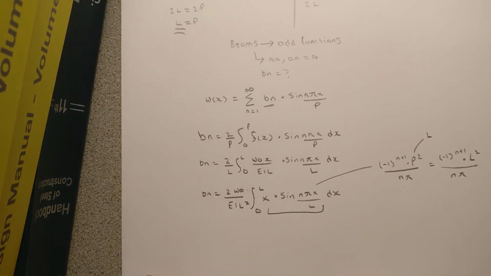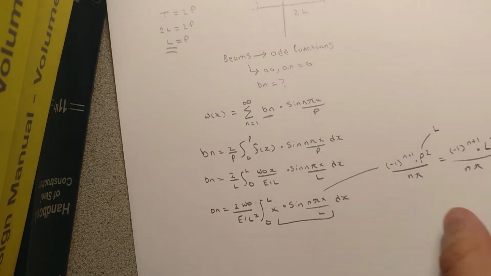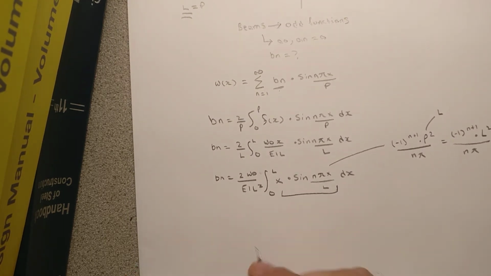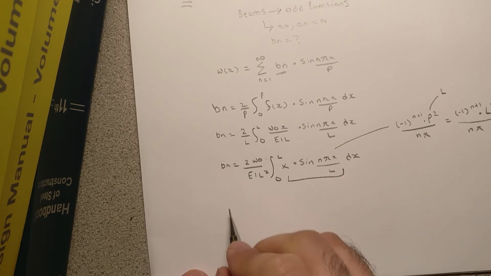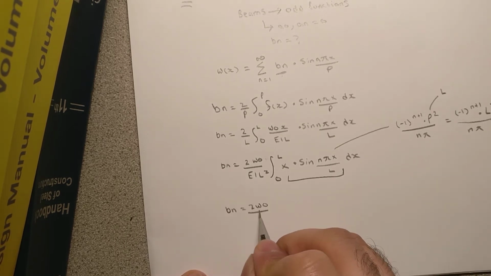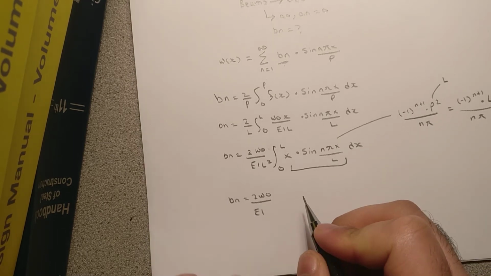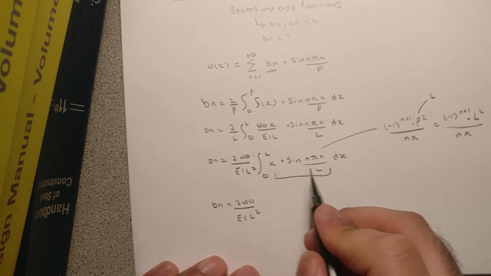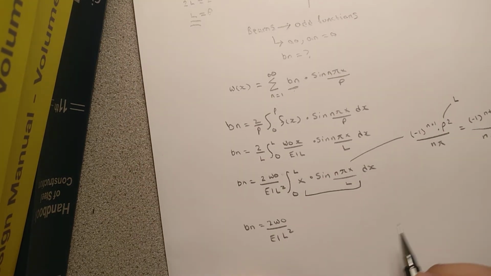Okay, so now we can rewrite our Bn. Bn equals 2W naught over EI L squared, and this gets simplified to this.